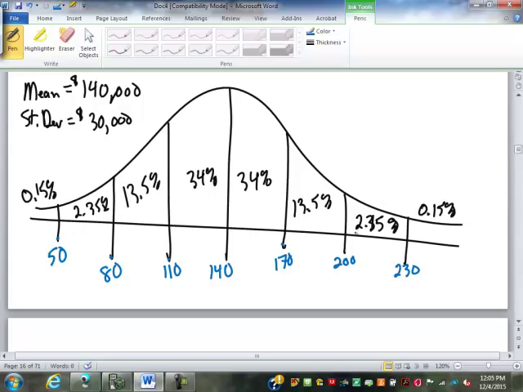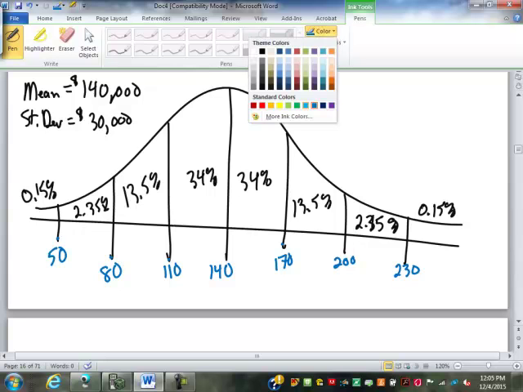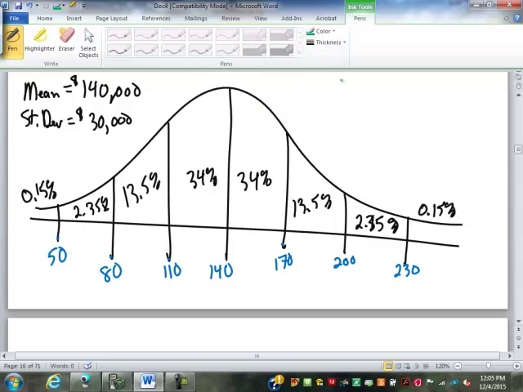Any questions on where those numbers are coming from? Okay. Let's say that you find a house that you're absolutely in love with. The price of the house is $200,000.